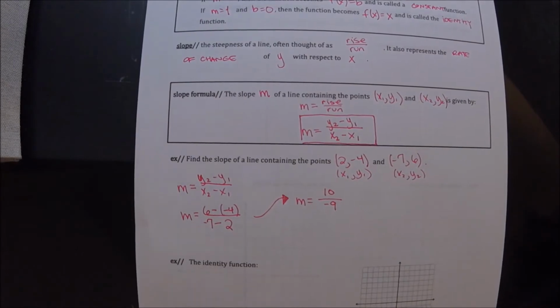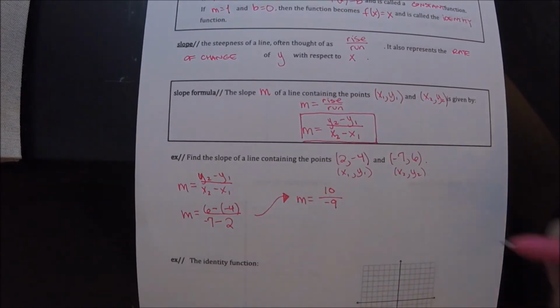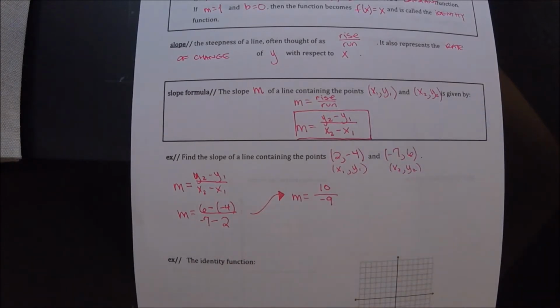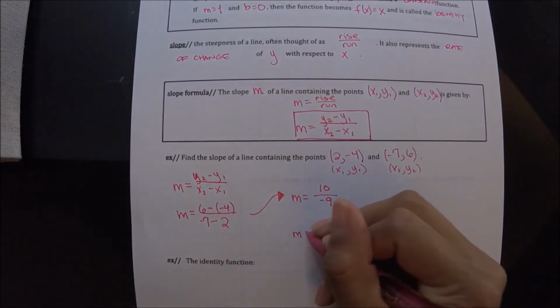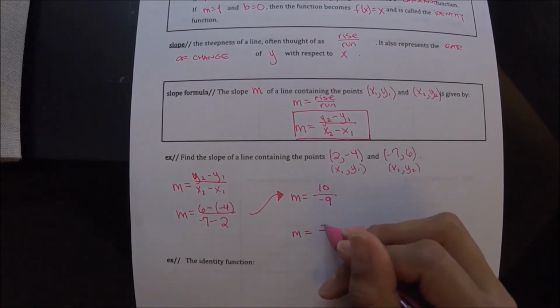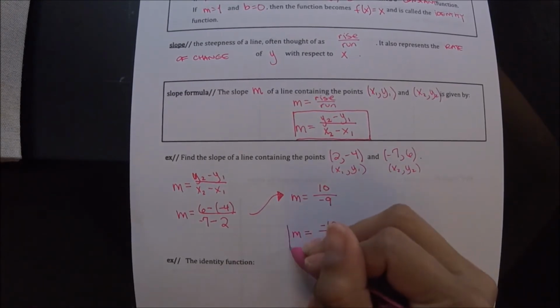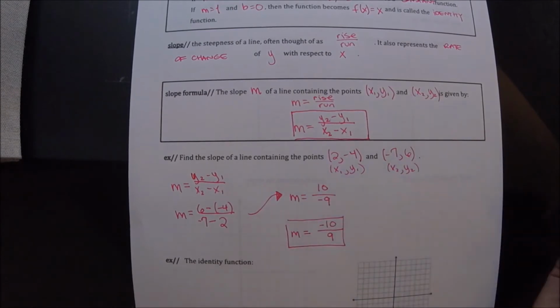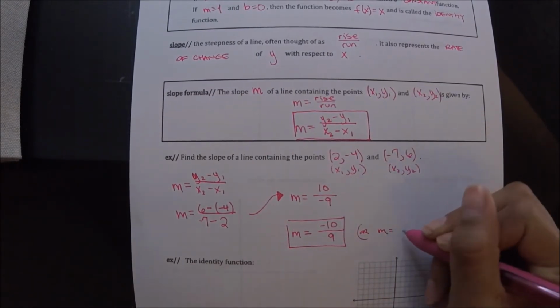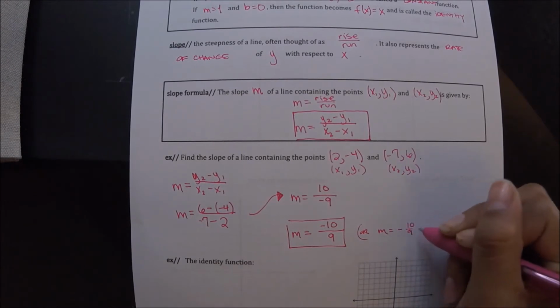So that's our slope. We have a positive number on top and a negative number in the bottom, and it's better to just move that negative up to the top, either up to the top or out in front. So something like this, m equals negative 10 over 9.